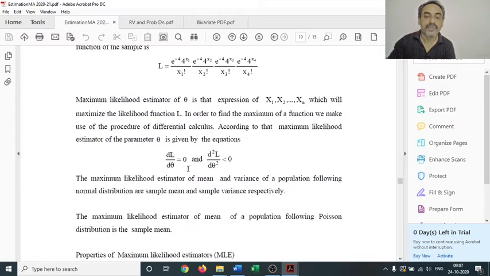So for that, we have the two conditions: dL by d theta equal to 0 and d square L by d theta square negative. These two equations are borrowed from differential calculus, the procedure to identify the maximum of a function. So in short, the maximum likelihood estimator is the function of x1, x2, etc., xn, or the estimator that will maximize the likelihood function.